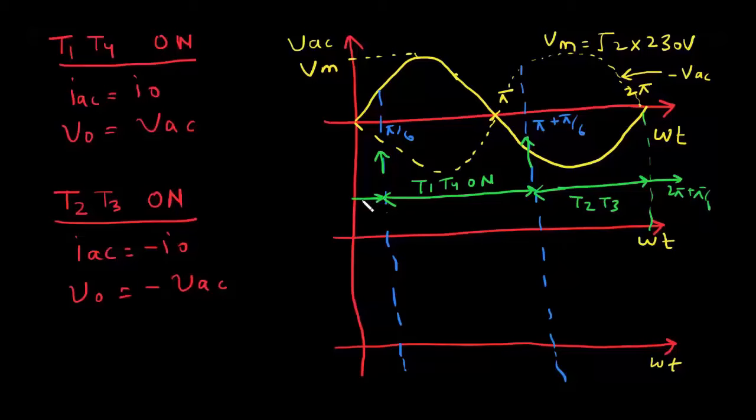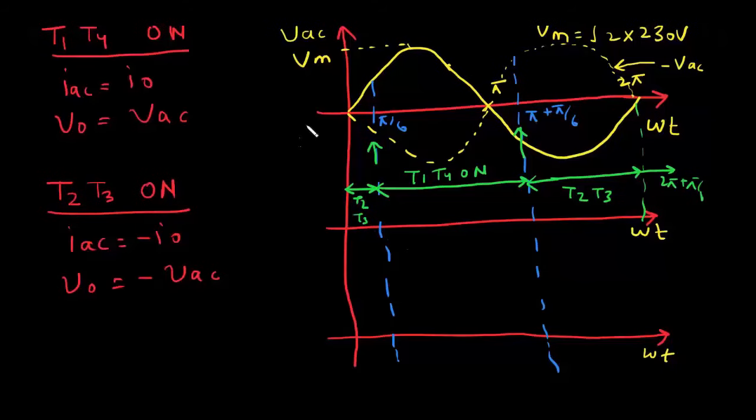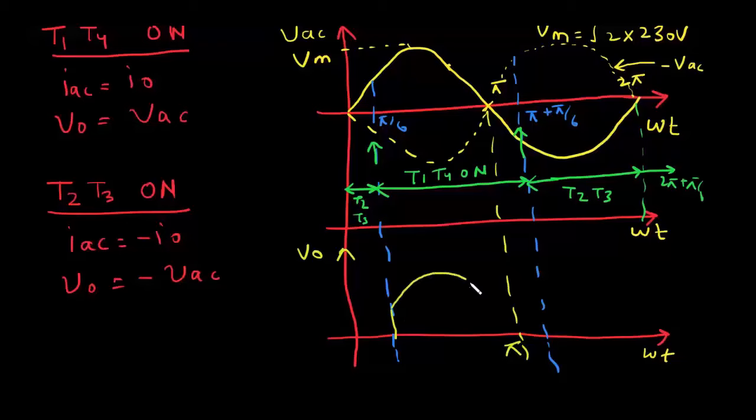And also here, from 0 to pi by 6, T2 and T3 are on. So let us draw V naught. When T1 and T4 are conducting, V naught is equal to VAC. So this is pi. And when T2 and T3 are conducting, V naught is equal to minus VAC.